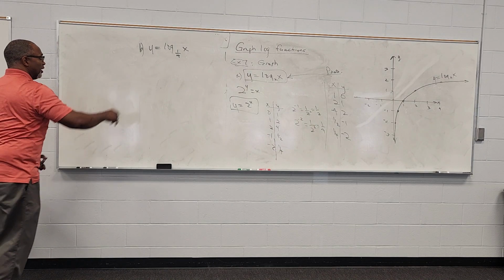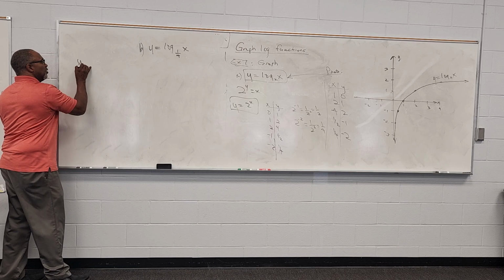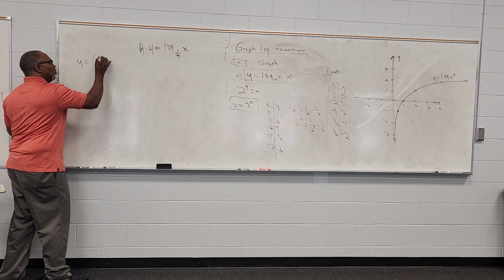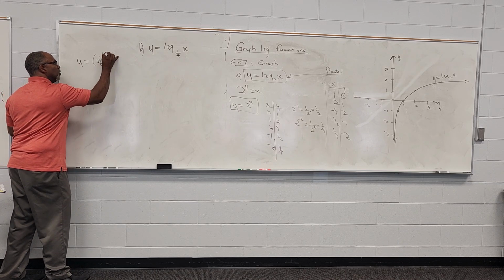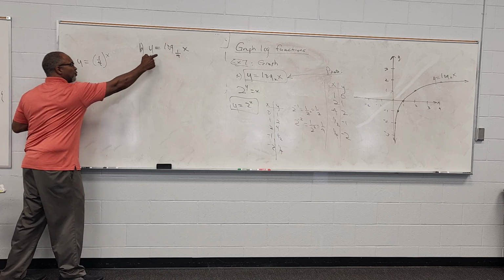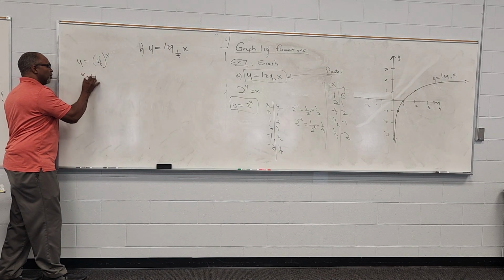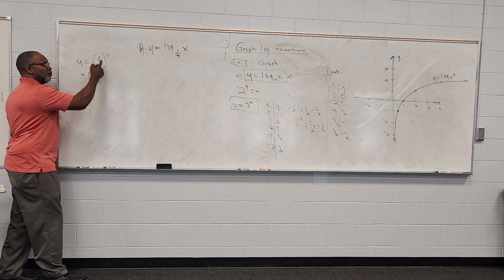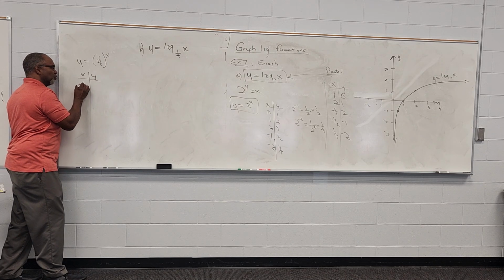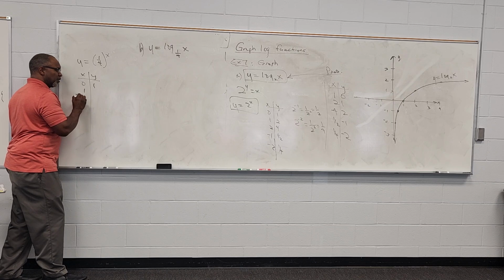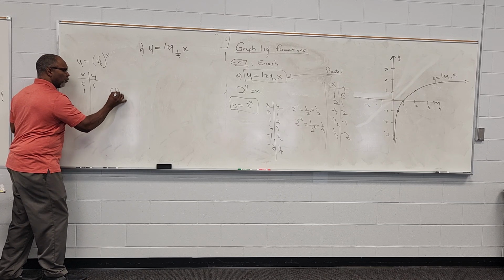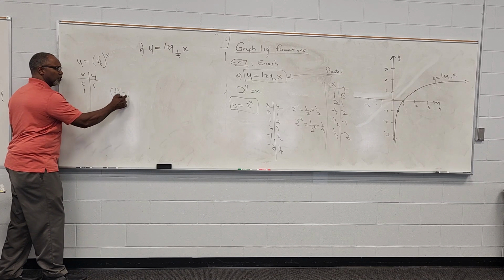Well, it's the same idea. I'm going to consider y equals 1/4 to the x. This is the inverse function for it. And let's get some points on it. When x is 0, 1/4 to the 0 power is 1. When x is 1, 1/4 to the first power is 1/4.